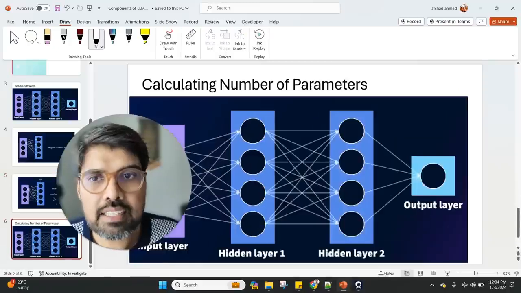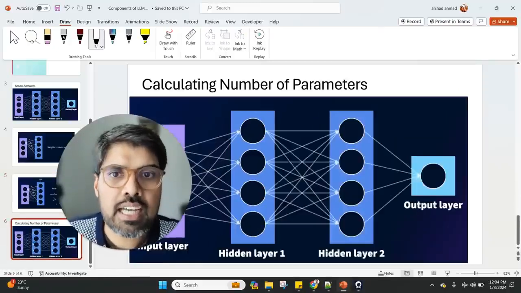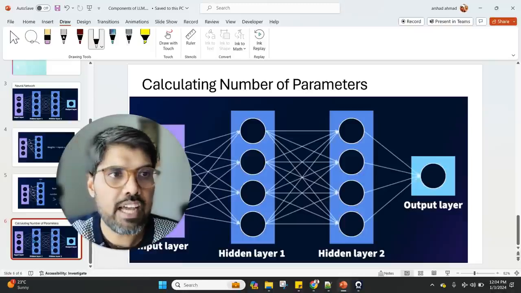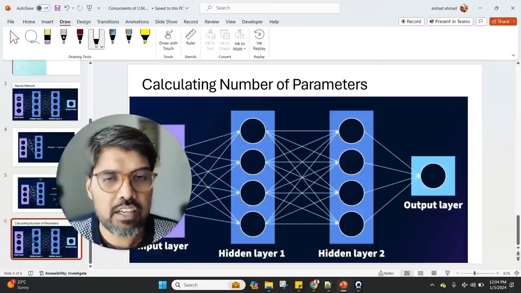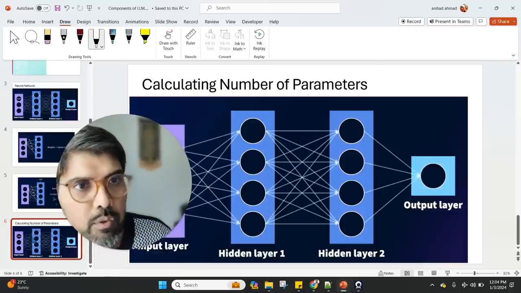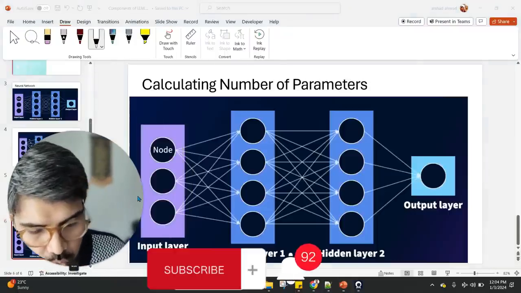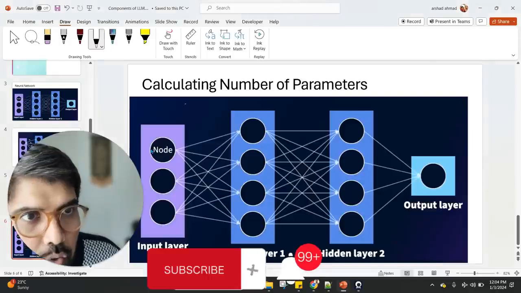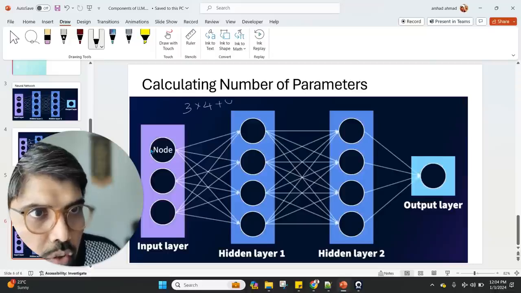We apply the exact same logic to the next part of the network, which is the middle section, where we have 4 nodes on the left and 4 on the right, and we do the calculation there as well. So in the first case, it is 3 into 4 plus 4, and this is going to be 16.